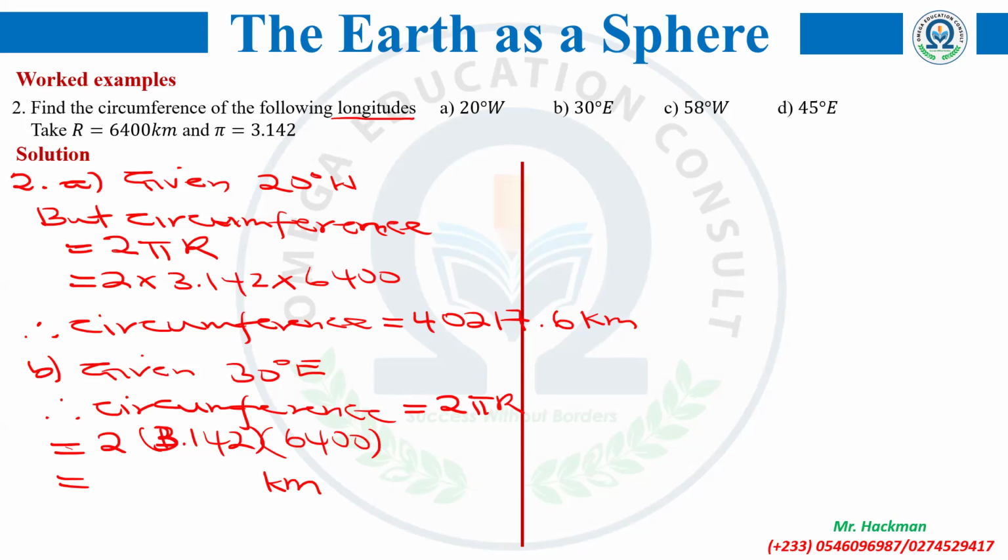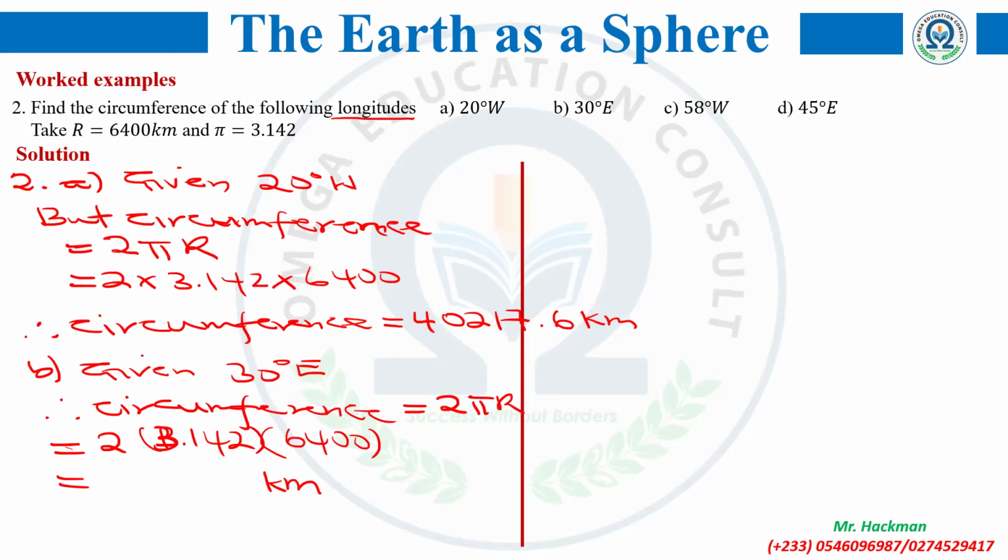So you don't struggle. Since the radius of a great circle is uniform, the circumference of great circles will also be uniform. Do you get my point? Because they will have the same radius. Remember, every circumference depends on what? The radius. That's the only variable.